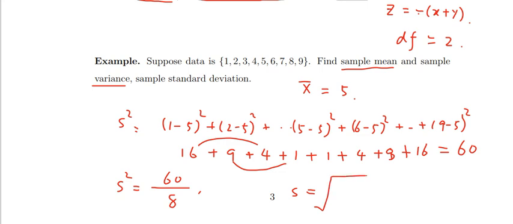Just take the square root, right? Okay. So those are just simple calculations. Once we have the formula, we can easily do those calculations. So from the data, we can find the sample mean, sample variance, and sample standard deviation.